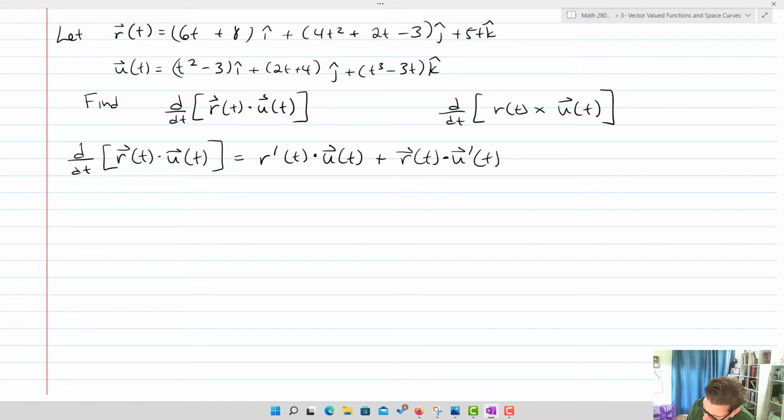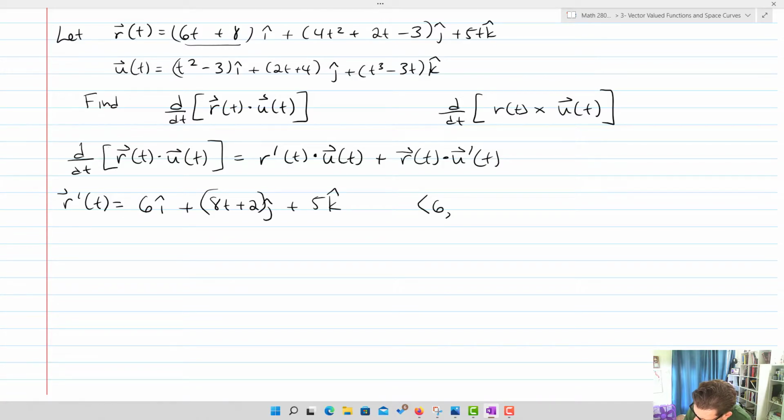So we'll first find r'(t). R'(t) is then going to equal, we'll start out with the first component, 6i plus (8t plus 2)j plus 5k. So <6, 8t plus 2, 5>.